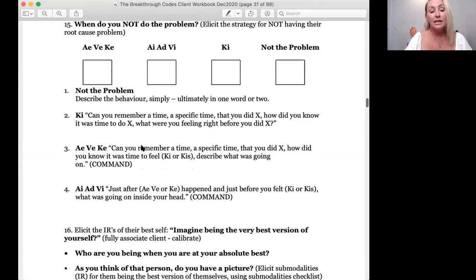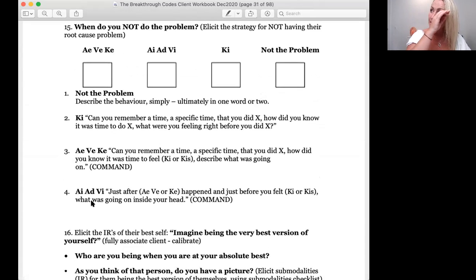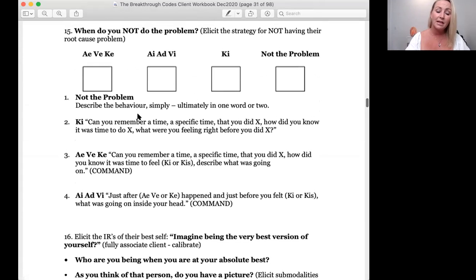So these questions here are not the problem. This is them in their best self. So 15, 16 is about them being in their power, them being in the best version of themselves. And I want you guys to give them a gift, and I want you to see them as magnificent right from the get-go. That is the greatest gift that you can give your client, seeing them as their best self, even before they can see themselves.